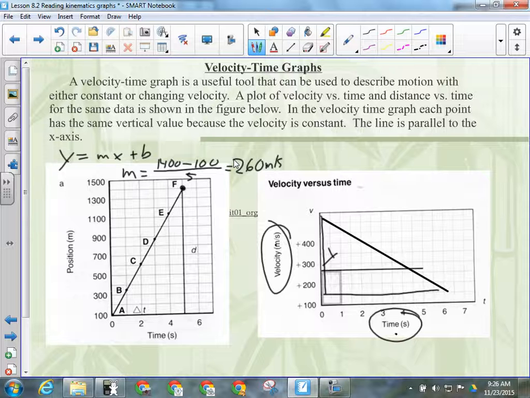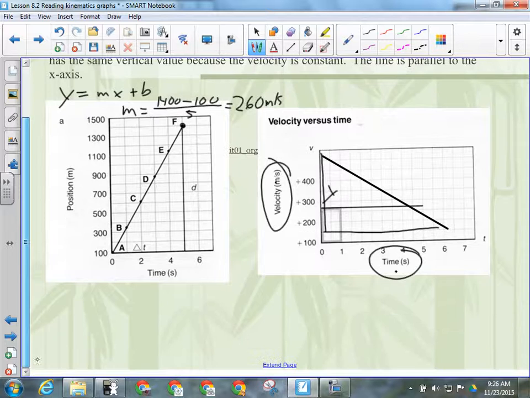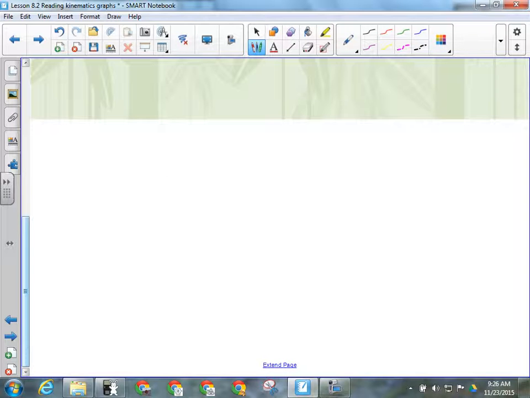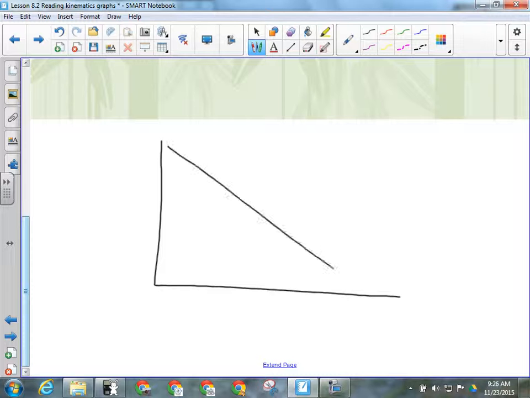So if I had, let's say, a graph that looked like this instead, the slope of that line would tell me what?